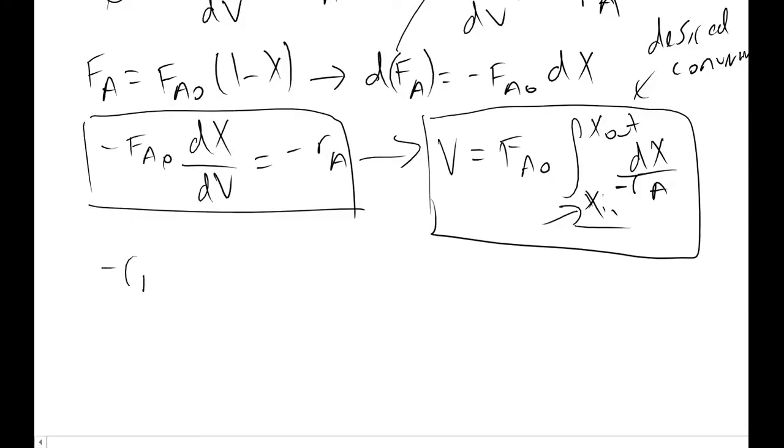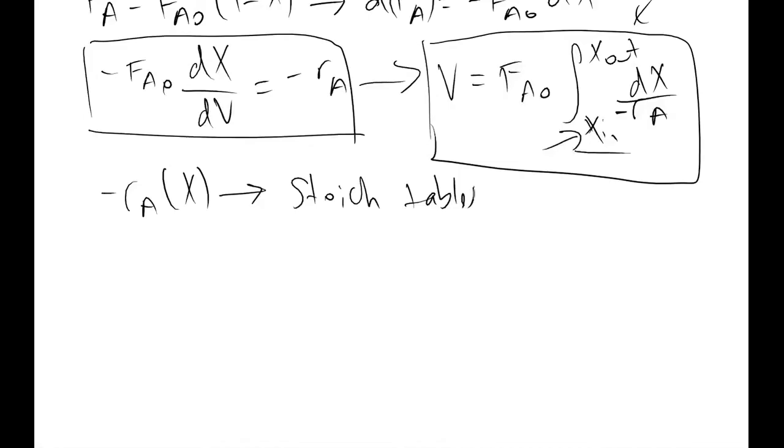So to get RA as a function of X, we're going to turn to Stoich tables. And once you have derived how RA is a function of X, we can evaluate this integral to get an idea of what kind of volume will be required.